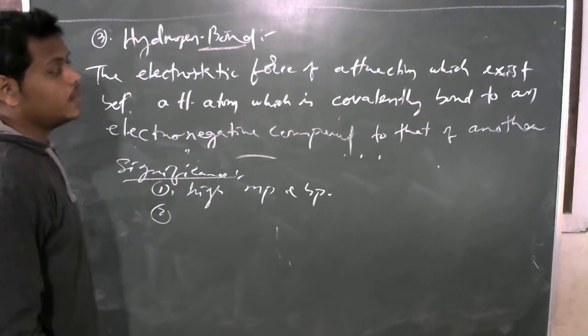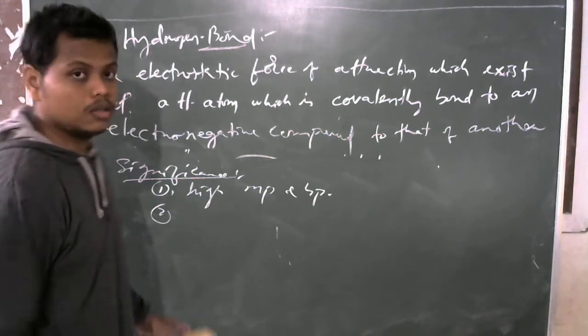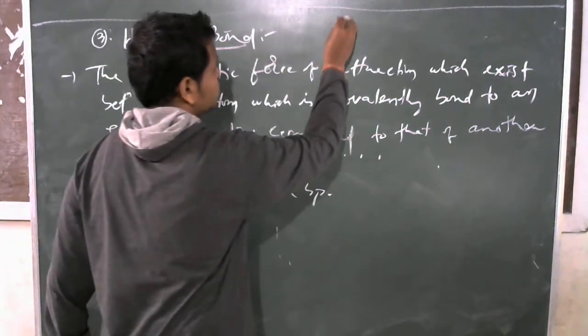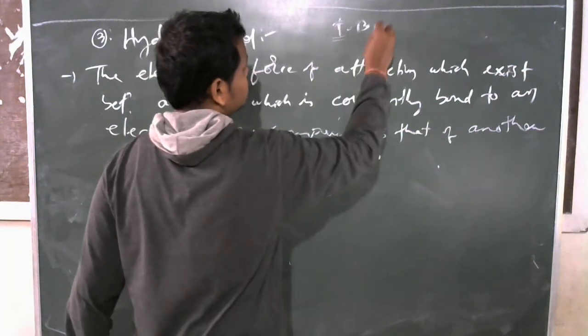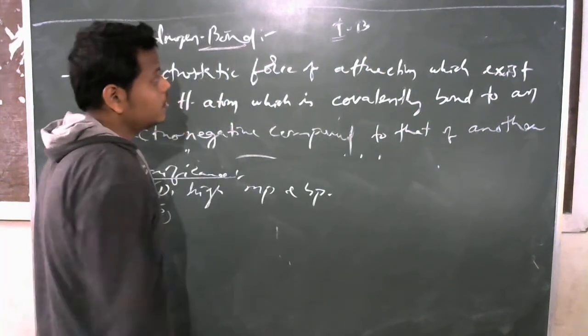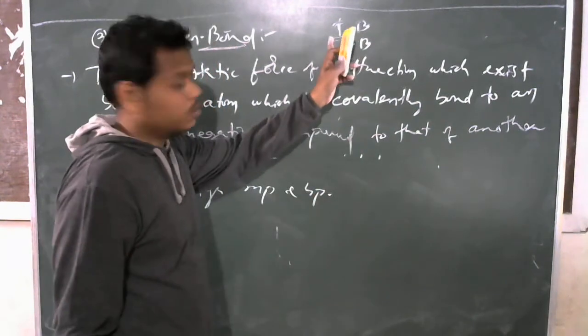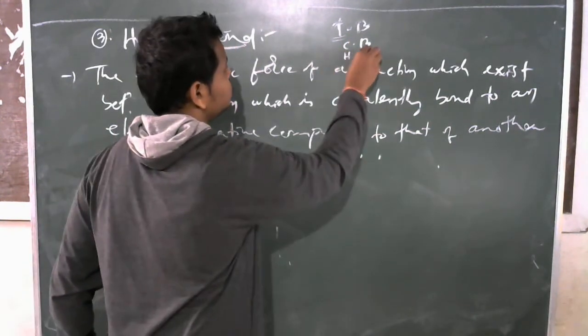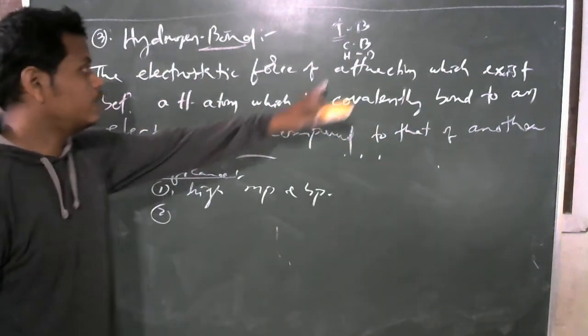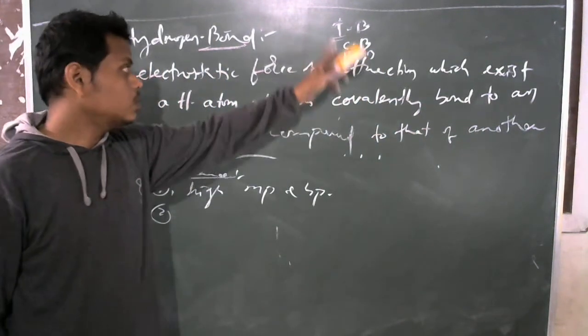That means they are the weaker bond among these three. Ionic bond is the strongest bond. Then comes your covalent bond, which is less strong than ionic bond. Then at the last, your hydrogen bond. Hydrogen bond is the weaker bond among these three.